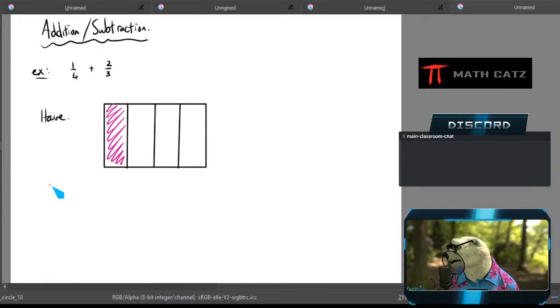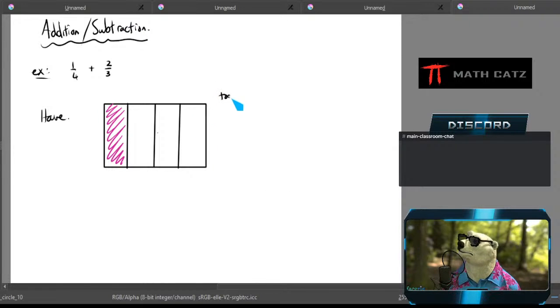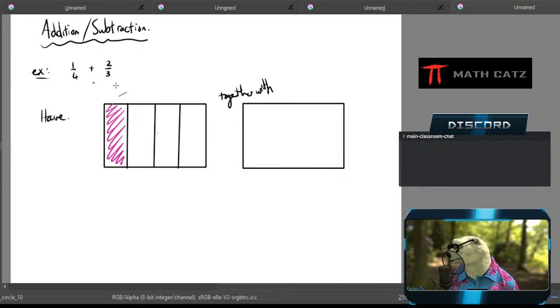Then I'm going to put that together with, because I'm adding, another rectangle, some more stuff. Now, if I prepared better, we would have had this already visible, but I did not. Now let's make them as effective as possible and go horizontal here, like we updated it.